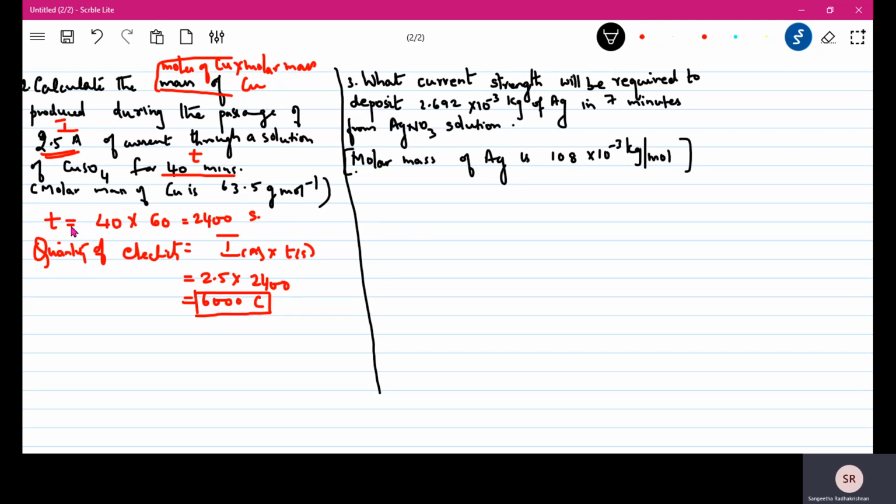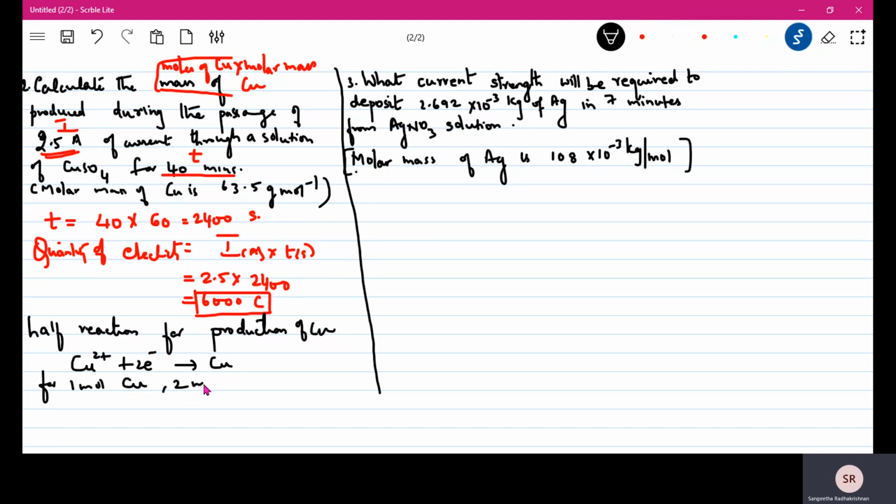Now let us write the half reaction for production of copper. It is Cu2+ plus 2 electrons. So that means for 1 mole copper, 2 mole electrons are required.